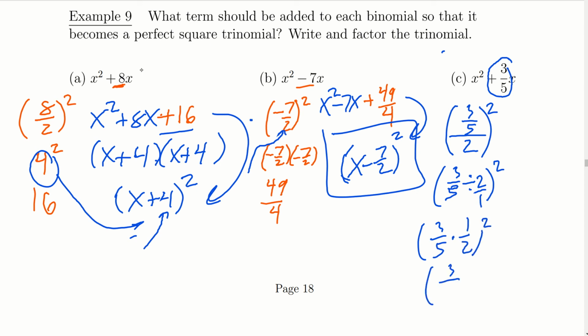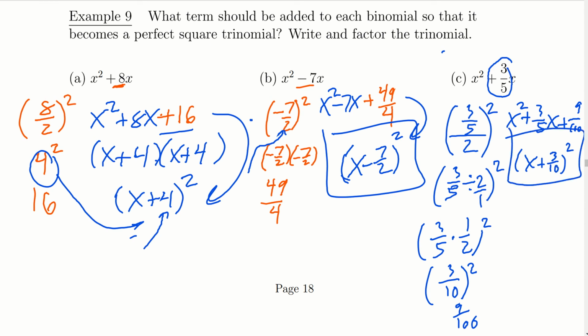And that's going to give us 3/10 squared, which would be 9 over 100. So the number we would need to add this time to make a perfect square trinomial is going to be 9 over 100. This will then factor as x plus, right before we did the squaring we had the number 3/10 in there, so that should be 3/10.